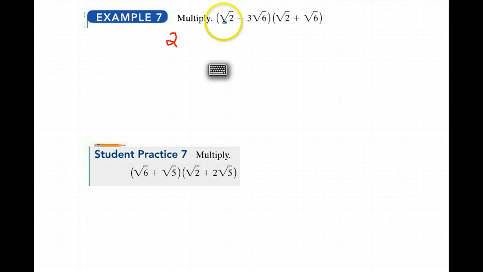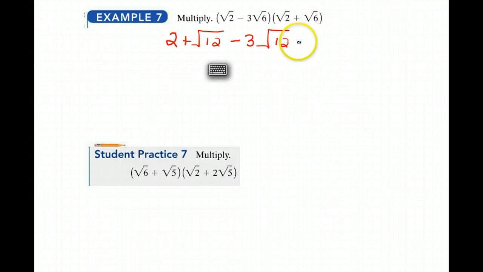We have root 2 times root 6, which is positive root 12. Negative 3 root 6 times root 2 is negative 3 root 12. And negative 3 root 6 times root 6 is going to give us a negative 3 times 6.